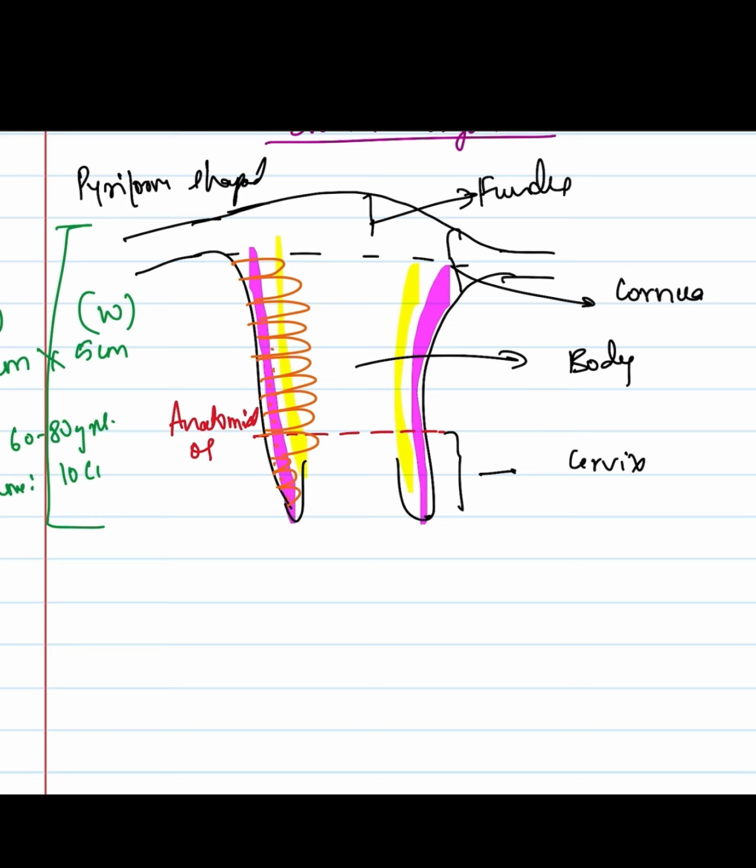So this transition of high columnar to low columnar is your histological os. This area is your histological os.